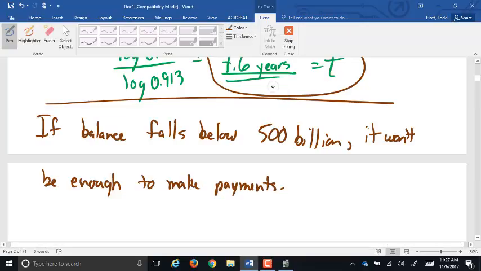We hear this all the time. They talk about Social Security becoming insolvent. That term insolvent means there's not enough money to pay out the payments that need to be made. So they figure the balance has to stay at 500 billion just to be able to make out the annual payments that need to be made out of it.